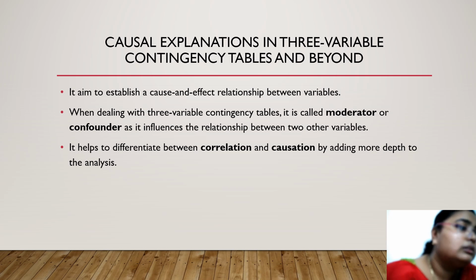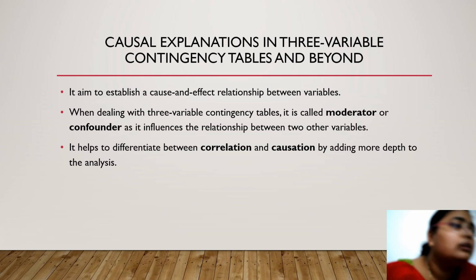Now the next slide is causal explanation in third variable contingency table and beyond. What is the causal explanation? Causal explanation means the cause and effect of the relationship between variables. That is, whenever a third variable is added between two variables, what is the cause and what is the effect that happens in their relationship? This is called the causal explanation.